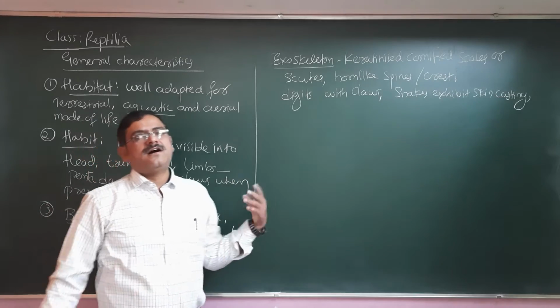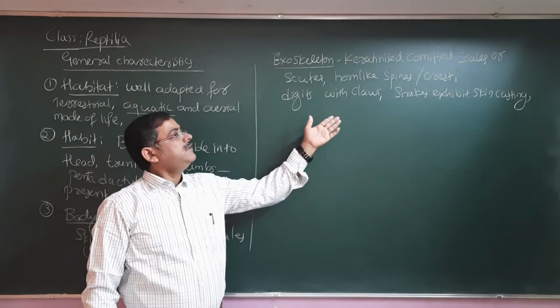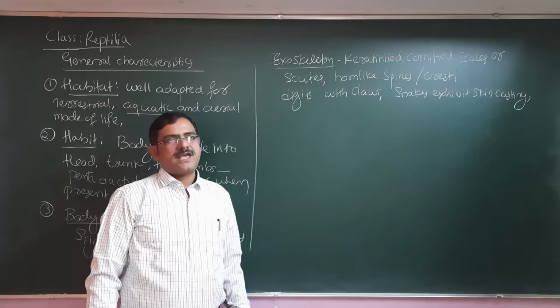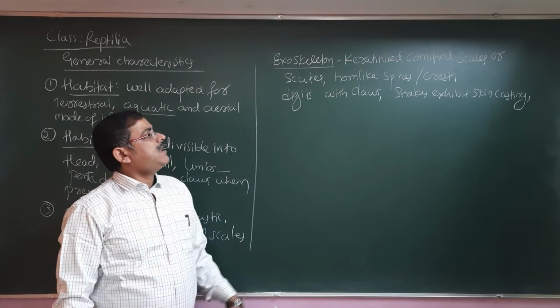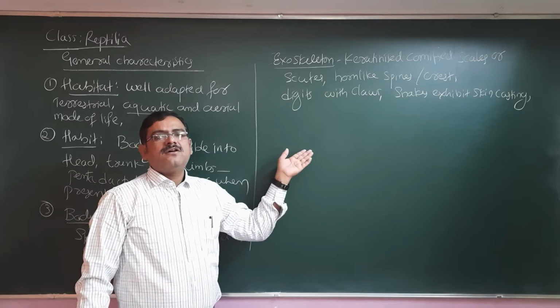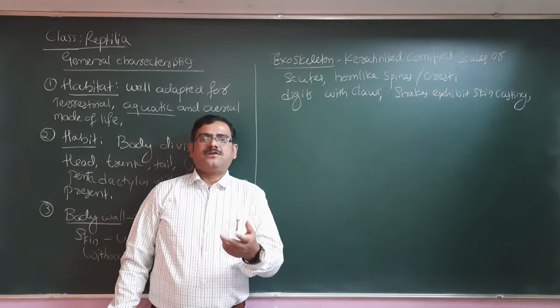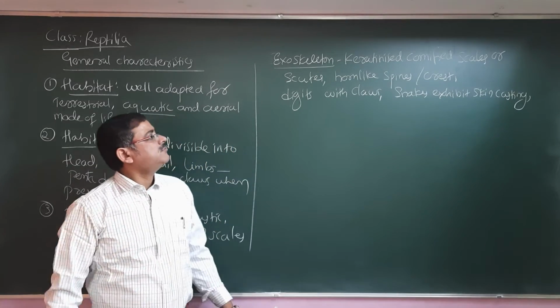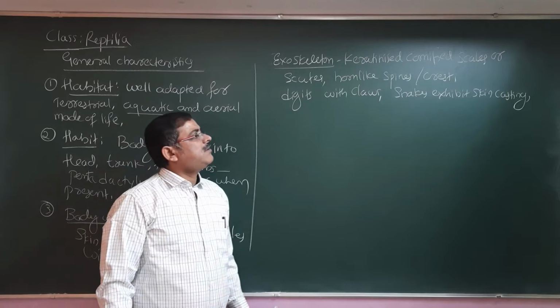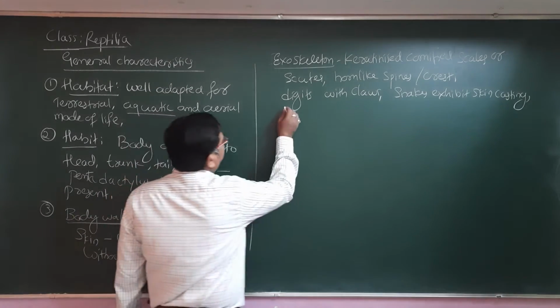Cornified, keratinized, hard scales, which may be very tough like armor on the body, like scutes. Then the horn-like spines or crest we can see, as in the chameleon. Then digits with claws, and snakes exhibit skin casting.